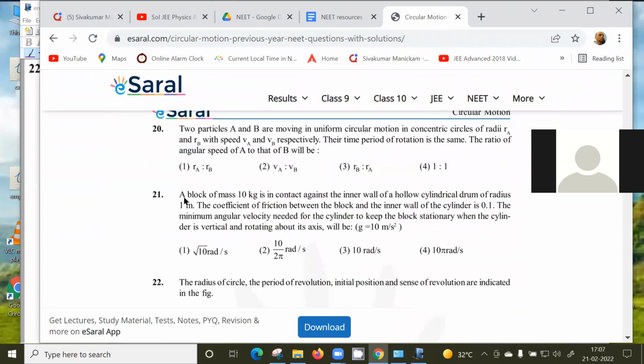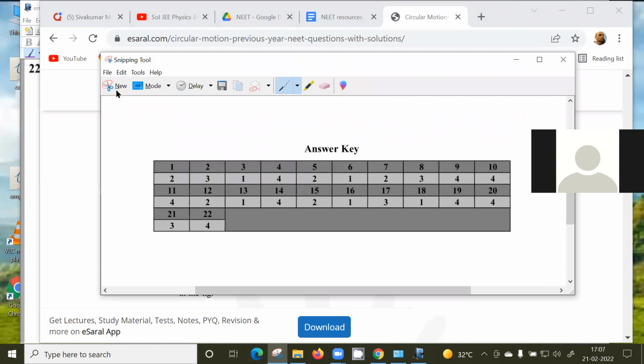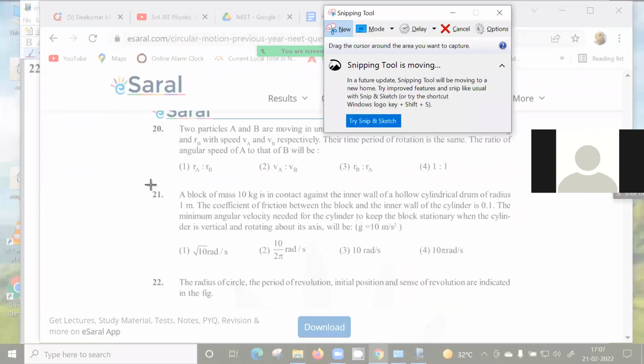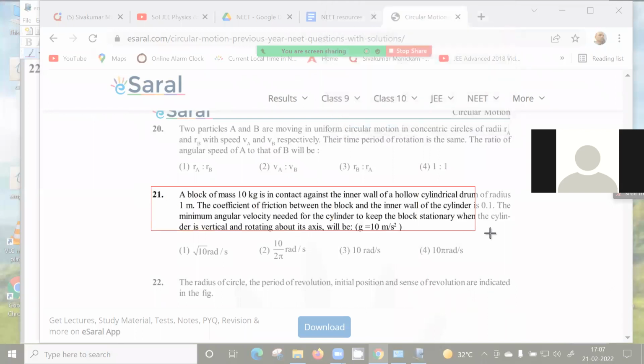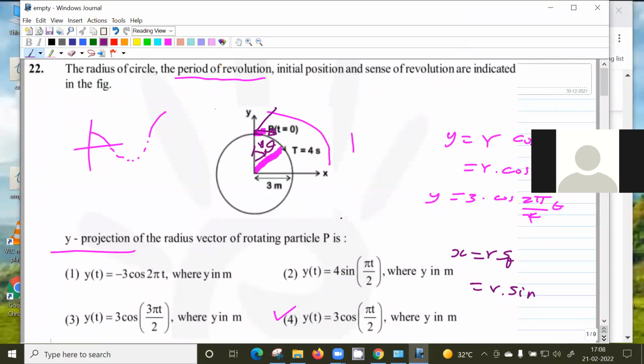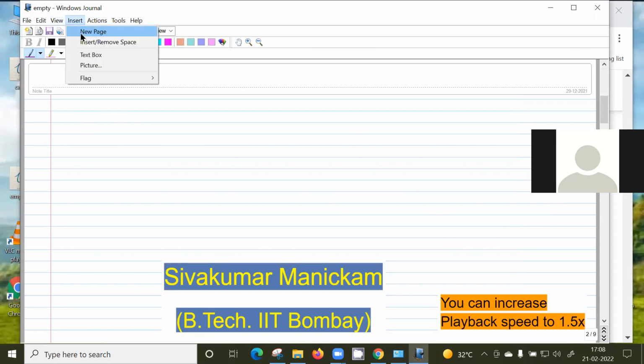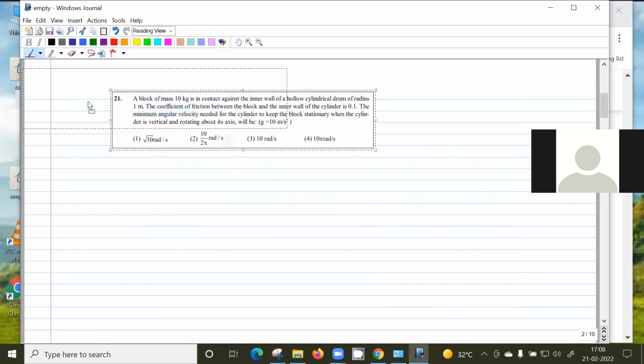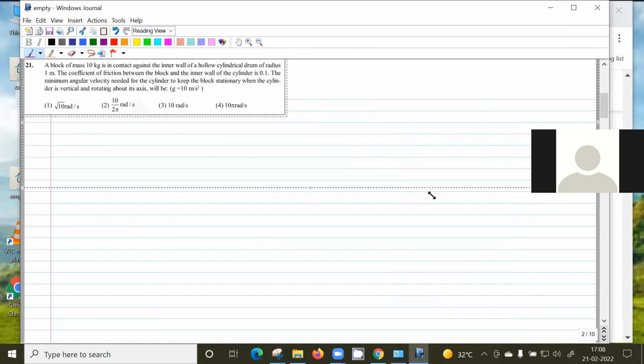So this one is a block of mass m in contact with the inner wall of a hollow drum. This one I just discussed. Try this one.